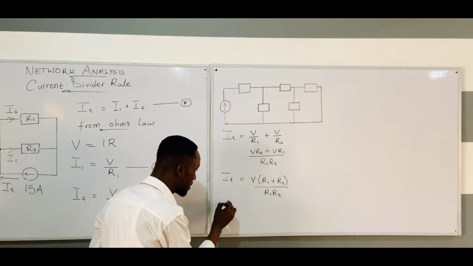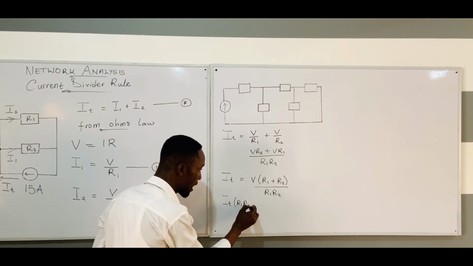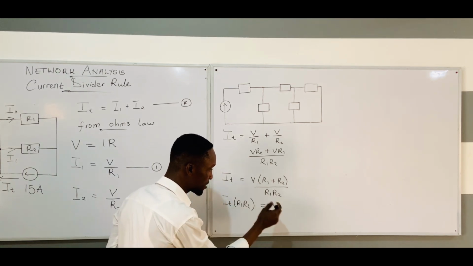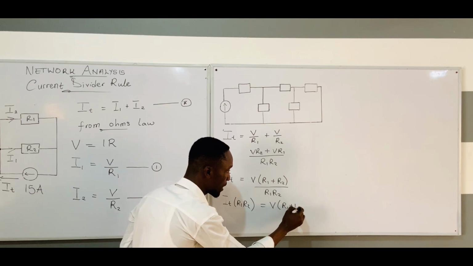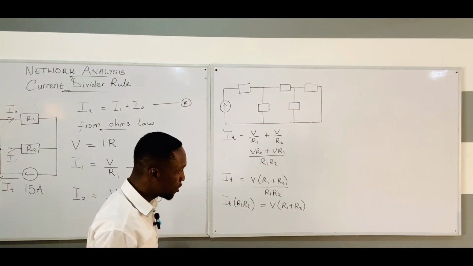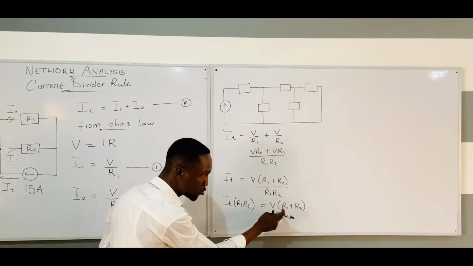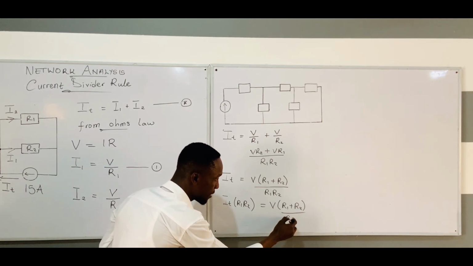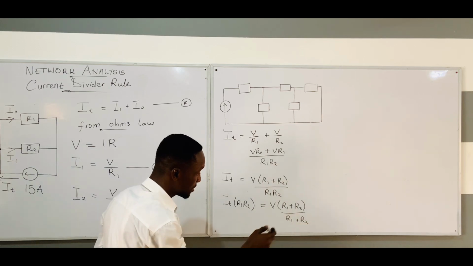We are getting IT times R1 R2 equal to 1 times this function, giving us V into bracket R1 plus R2. Now, I want to make V the subject, so I'll divide both sides by this function to remove it.